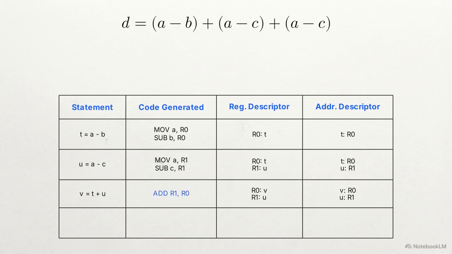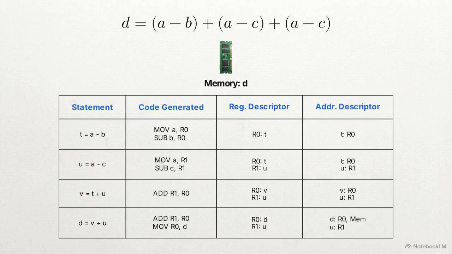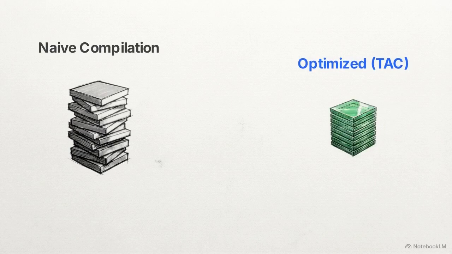The final operation, D equals V plus U, adds register 1 to register 0 again. Finally, the result in register 0 is moved to the memory address for D. The descriptors are updated to show D is now in both the register and memory. Through this sequence of register reuse, the compiler has successfully completed the calculation while minimizing the total instruction count.